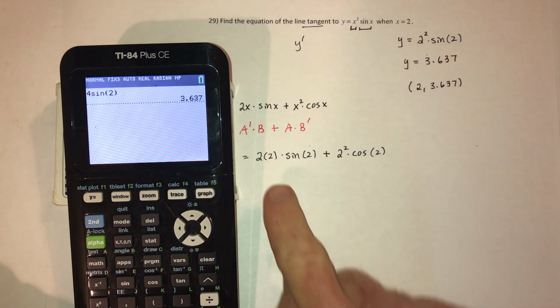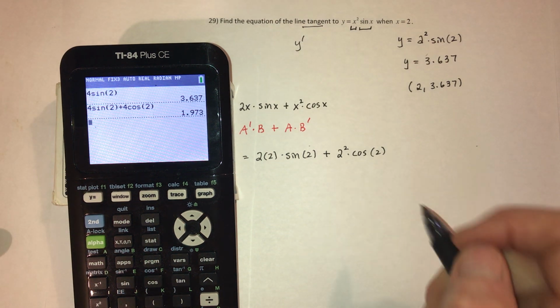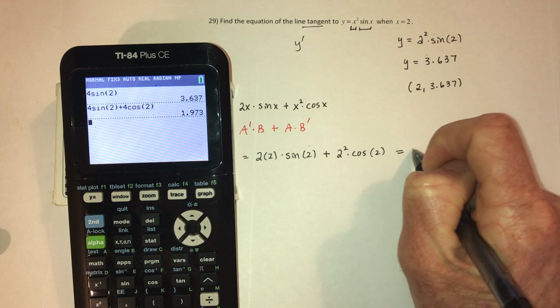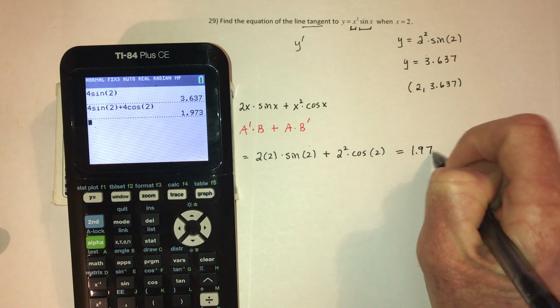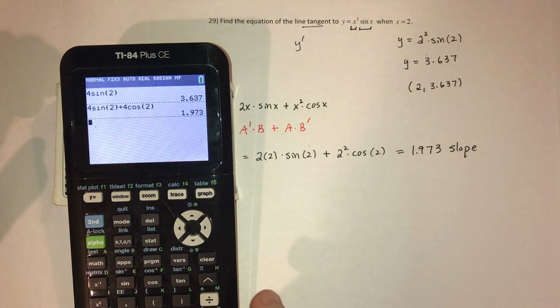So there's a 4 times sine of 2 plus a 4 times cosine of 2. It's 1.973 with a decimal. And that is the slope of the tangent line.